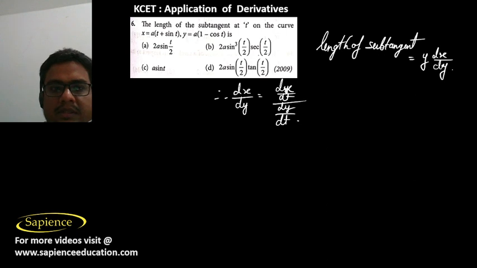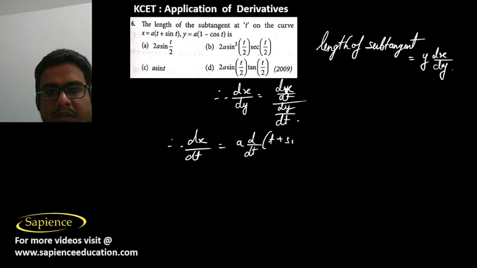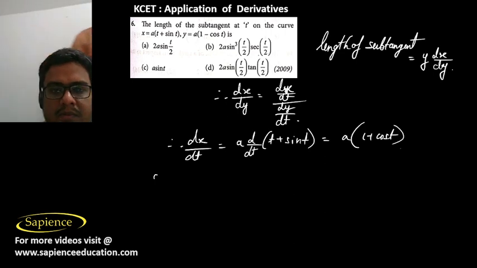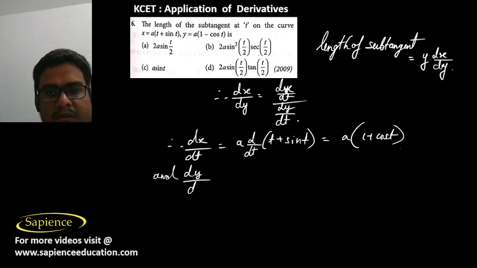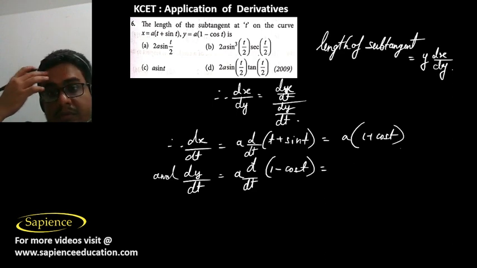Since x and y are functions of t, dx by dt is equal to a into d by dt of t plus sin t. This will be a into 1 plus cos t, and dy by dt will be equal to a into d by dt of 1 plus cos t, which is equal to minus a sin t.